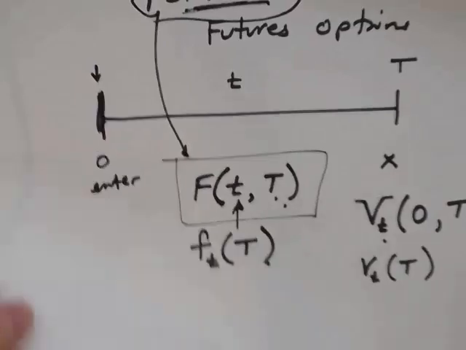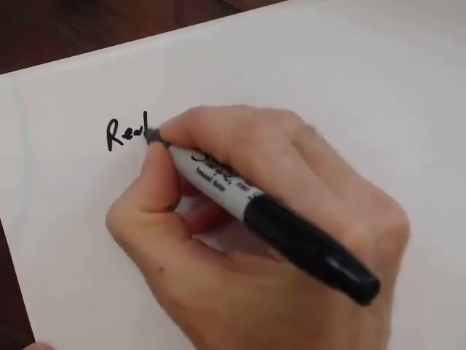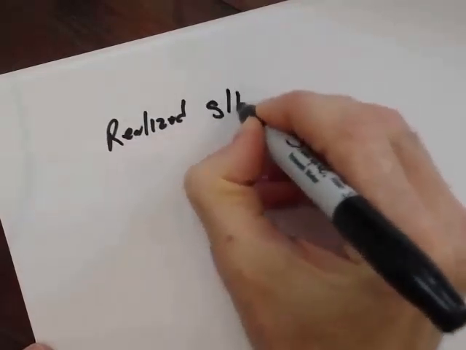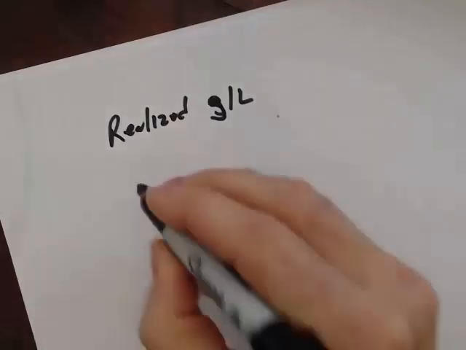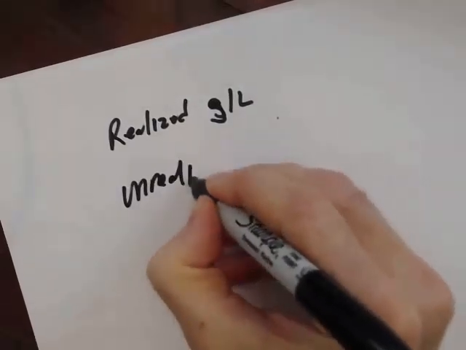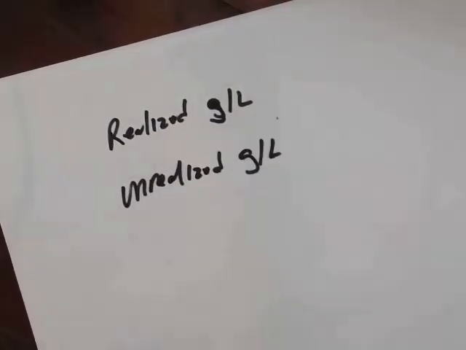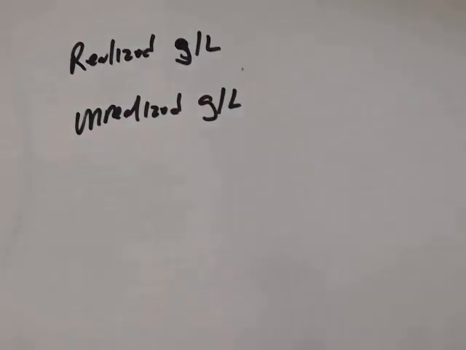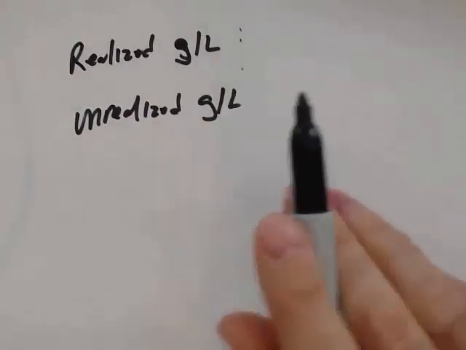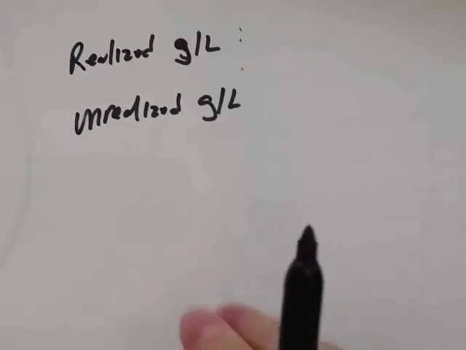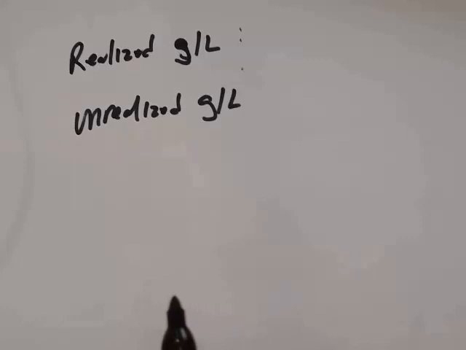Now, remember from accounting class, you have realized gains and losses, and then you have unrealized gains and losses. Let's explore that with a stock. We can wrap our heads around it a little easier with a stock. You have a realized gain or loss when you actually sell and get out of the position.